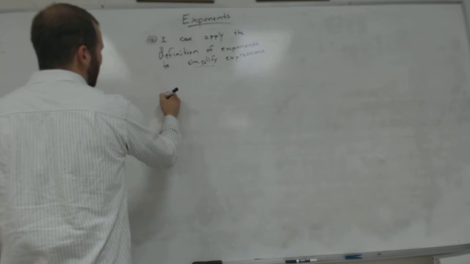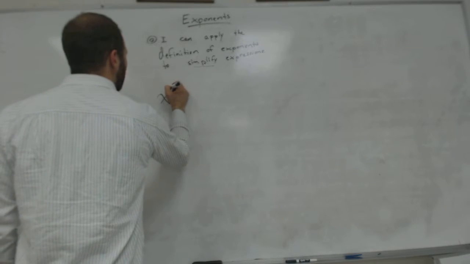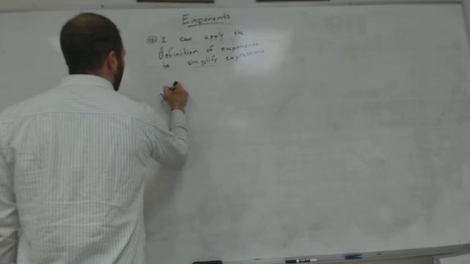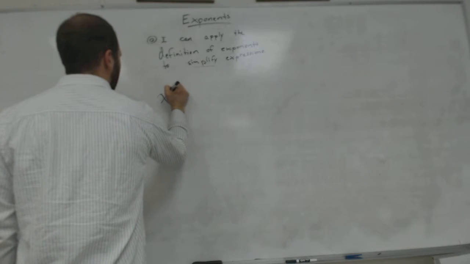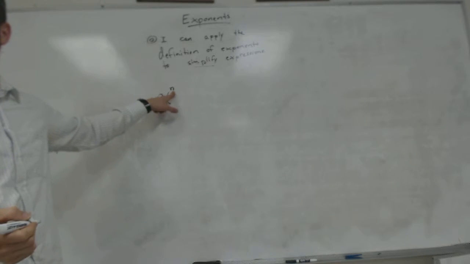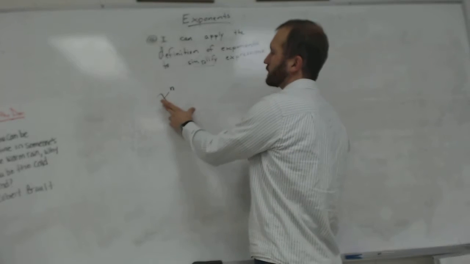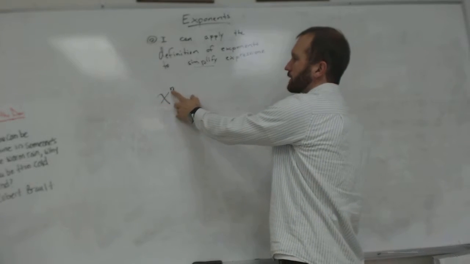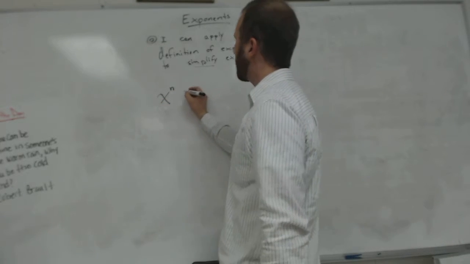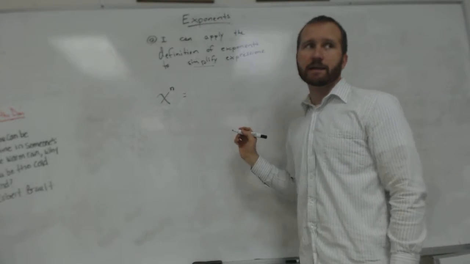So what is the definition of an exponent? Well, if I have x to the n power, and usually n is actually going to be a number. And sometimes x will be too. But for now, I'm just saying, if I have something to some other power, that means x is called my base.